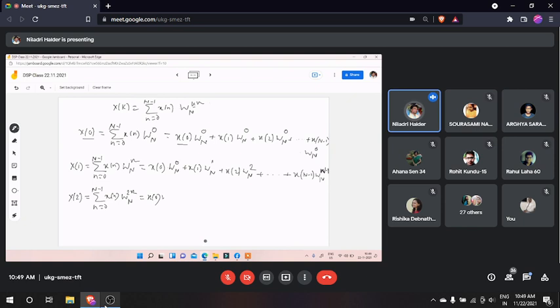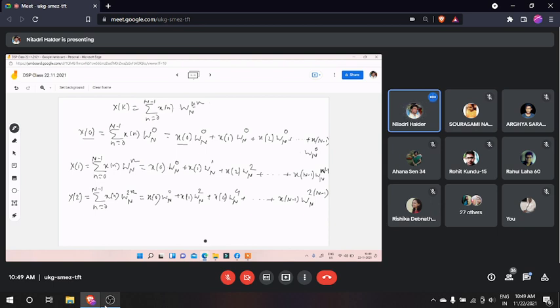The x0 coefficient will be Wn^0, plus the x1 coefficient will be Wn^2, plus the x2 coefficient will be Wn^4, plus up to the xN-1 coefficient, which will be Wn to the power 2 into N minus 1. Similarly, if we consider X3, what will the coefficient be?